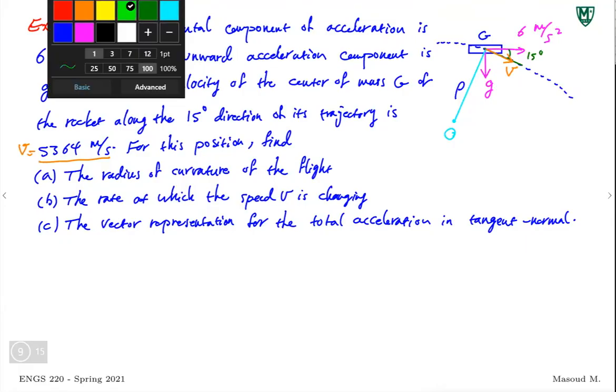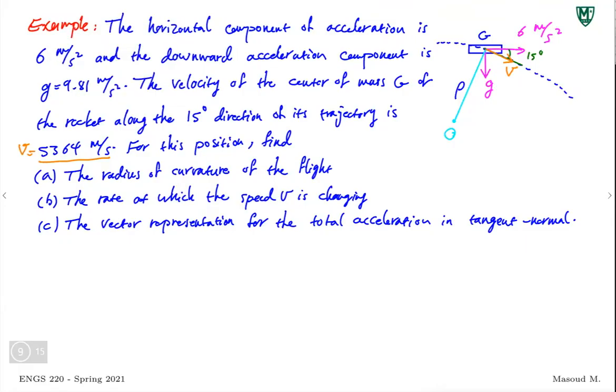This is your EN, and this is your ET. Tangent, normal. And then you have your Cartesian, 6 meters per second in x direction, g in y direction down. Remember, if that angle is 15 degrees, this angle here is also 15 degrees.